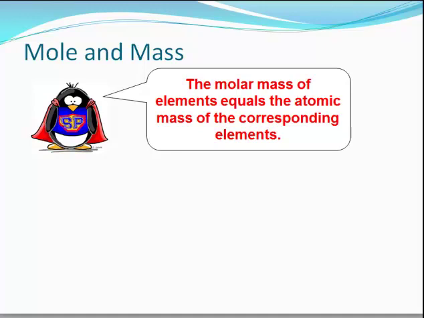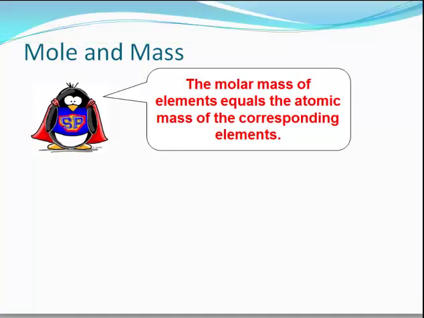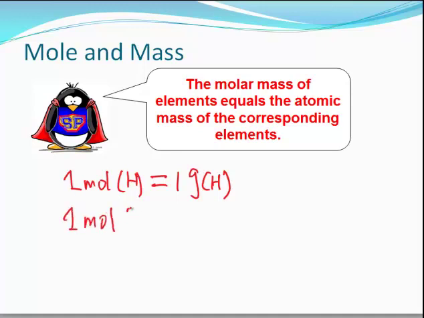For instance, let's take a look at some examples. We say 1 mole of hydrogen is equivalent to 1 gram of hydrogen, because 1 is the atomic mass for the hydrogen atom. 1 mole of oxygen atoms will be equivalent to 16 grams of oxygen.